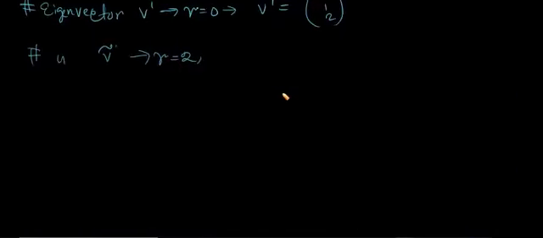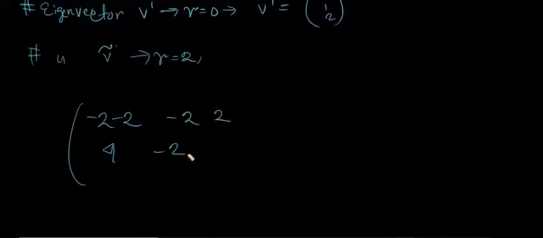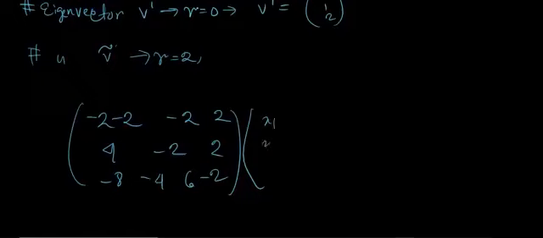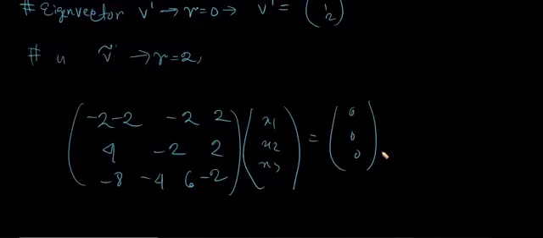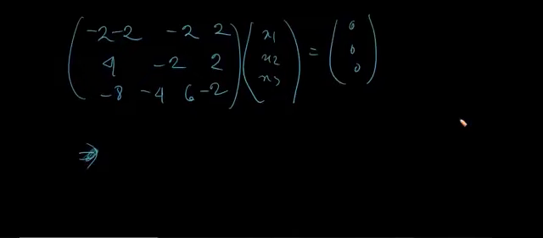So this was our matrix, and we want to calculate the eigenvector for the eigenvalue 2. So we have to do A minus 2I: minus 2 minus 2, then minus 2, 2, then 4, minus 2, 2, then minus 8, minus 4, 6 minus 2, times x1, x2, x3, equal to 0. Now if you calculate this out, you will see that all these 3 rows will eventually give you the same equation.